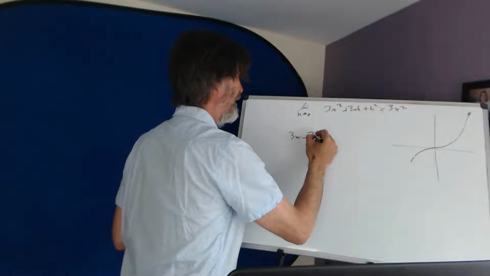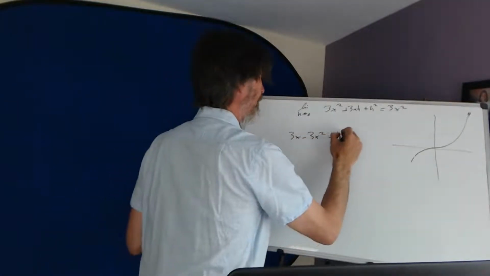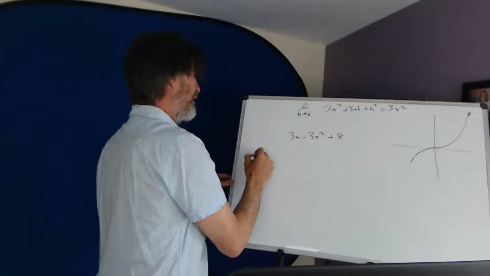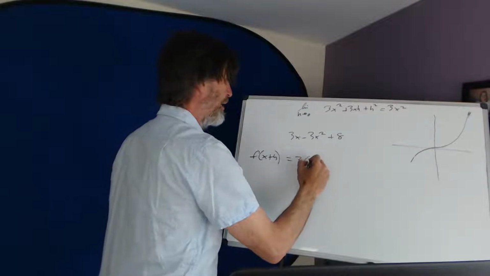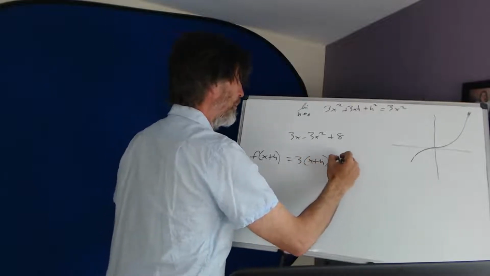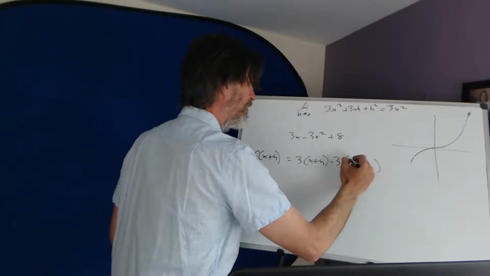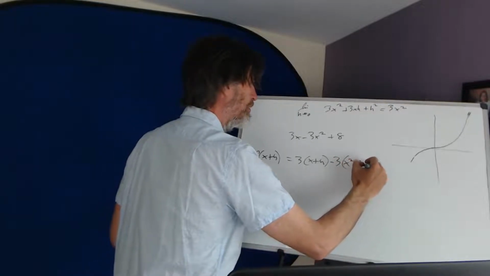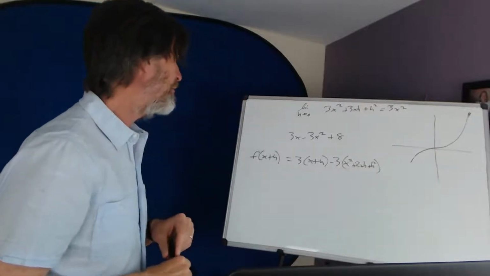3x minus 3x squared plus 8. There's our function. Let's calculate f of x plus h. 3 times x plus h, minus 3, and I'm going to just carry the FOIL part out already. It's x squared plus 2xh plus h squared. And you can go back and relearn that if you need.